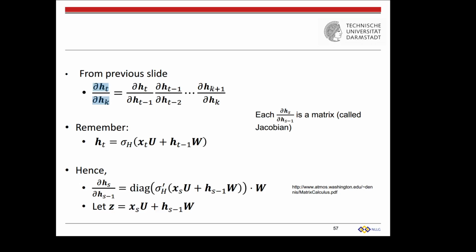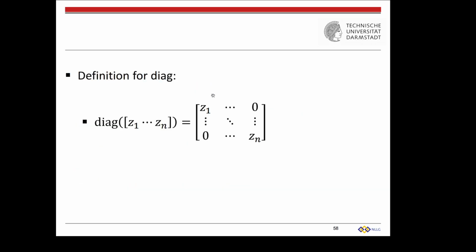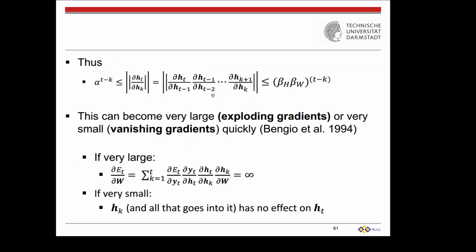So these are t minus k vectors, right? We have t minus k vectors here, and we bounded each of these t minus k vectors. Now if each of these t minus k vectors is bigger than alpha, then the whole thing here is bigger than alpha to the t minus k, because we have alpha times alpha, and so on.